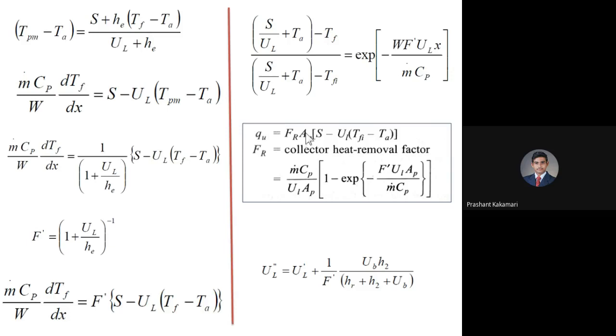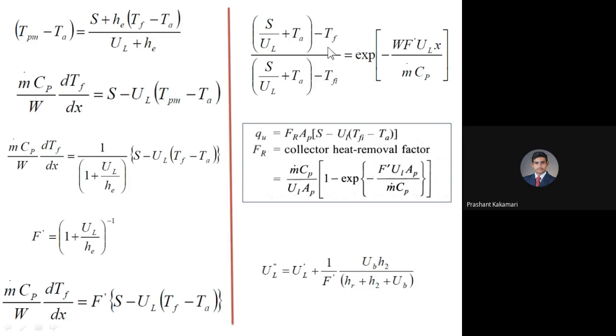What they have done, they have taken S outside and UL outside. Once you take these outside, then this minus term will be plus, that minus UL into TA. If you consider minus UL into minus TA divided by UL, how much will it be? It will be TA plus TA. So that is considered here, minus TF.